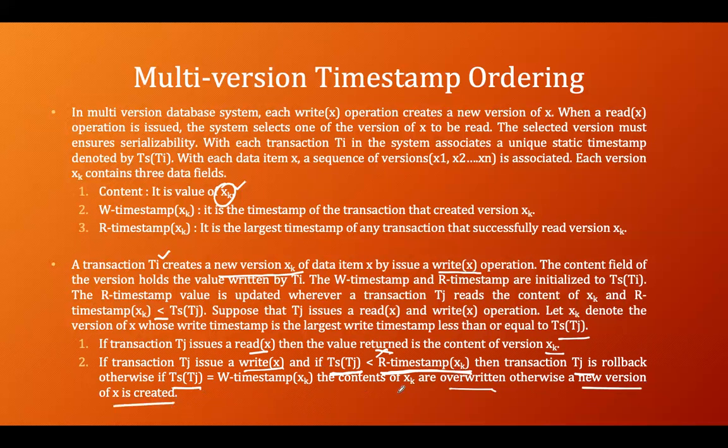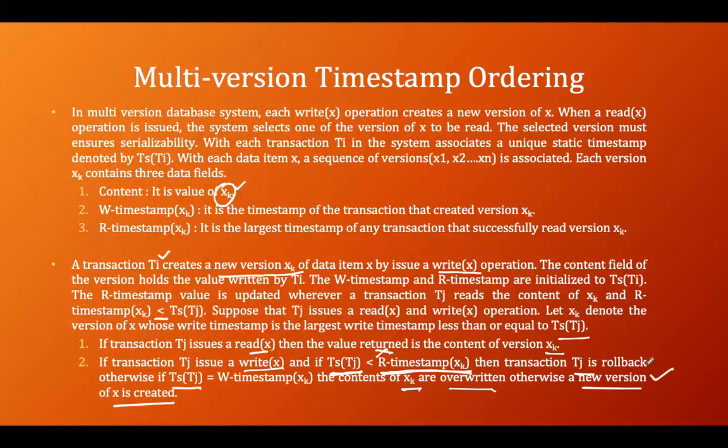So a new version will be created or the XK version will be overwritten, based on who is updating that particular data. If the same transaction is updating the data, the same version will be there, but the value will be updated. And if another transaction is writing it, a new version will be created.